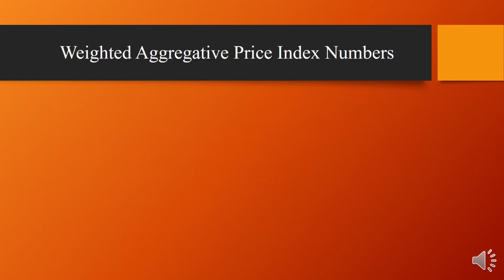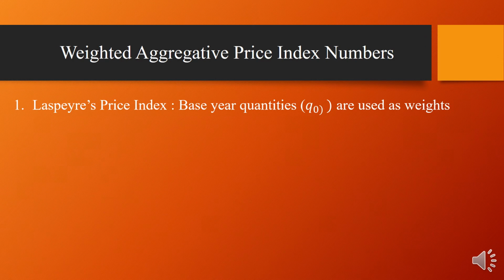Now the second category is weighted aggregate price index numbers. There are different methods, but the most popular methods we are going to discuss here. The first one is Laspeyres price index number. Here base year quantities are used as the weights, because this is a weighted aggregate price index number.